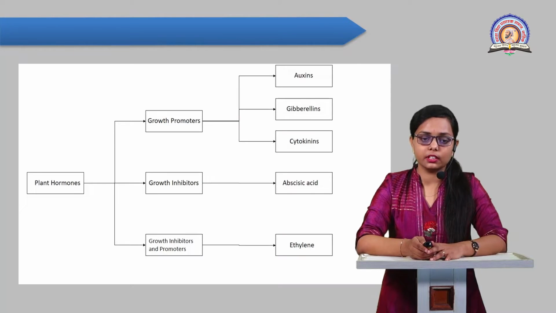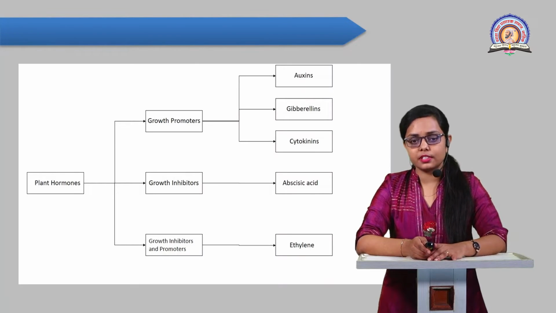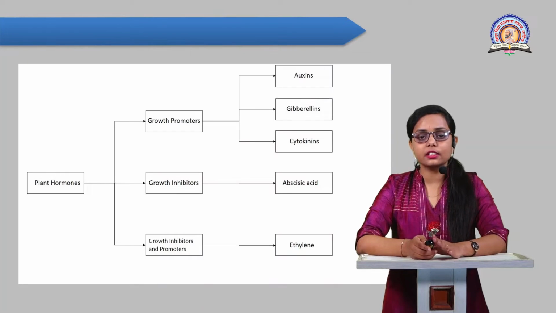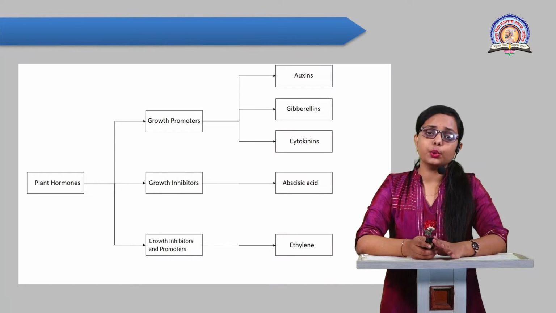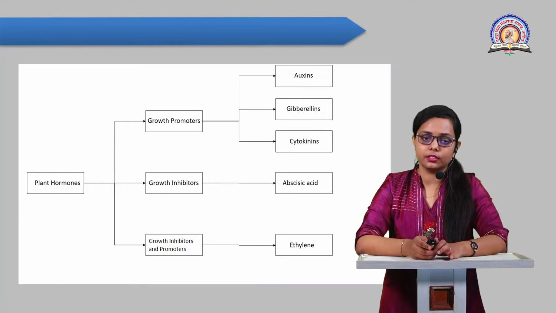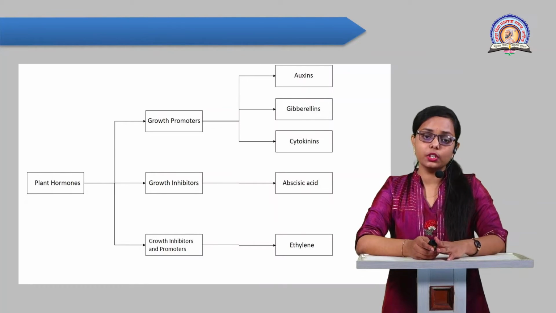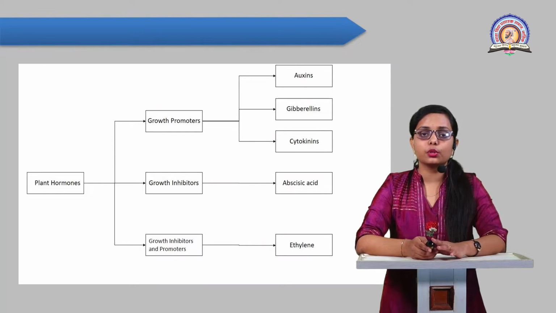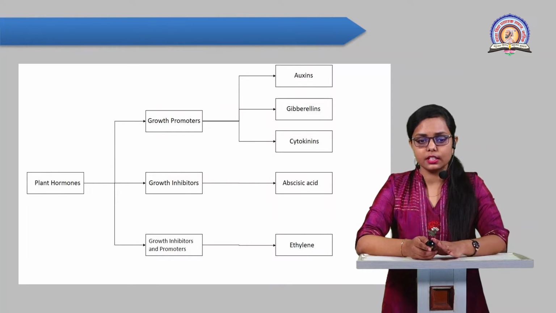In growth inhibitors, abscisic acid, which is also called the stress hormone. And ethylene is a gaseous hormone which has dual function of growth inhibiting and also growth promoting. So these 5 classes are divided into these three types.